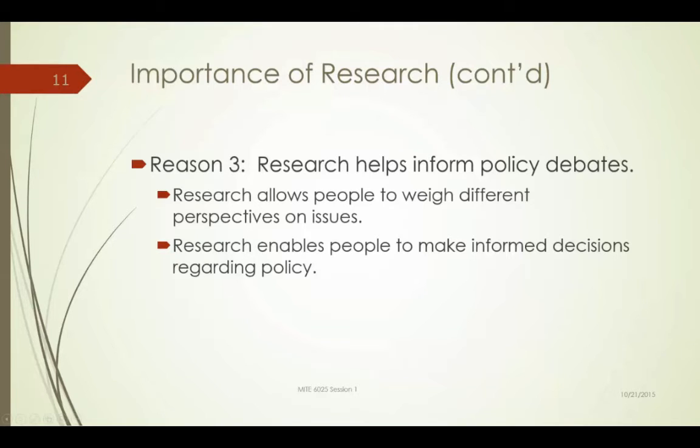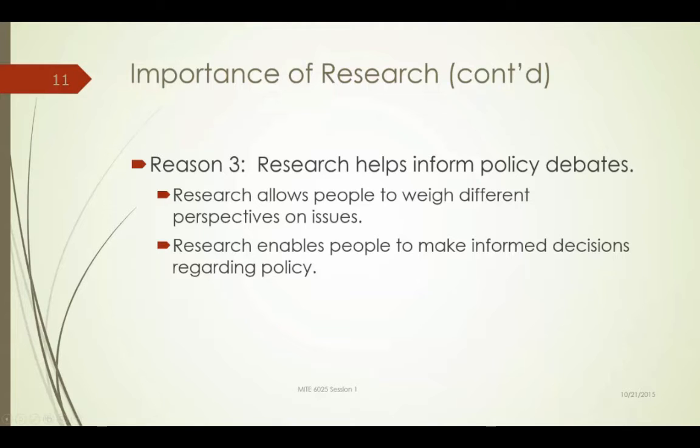For example, which strategy to implement in ICT education is something policymakers should think about. Research could provide different options for them to see which way is better, particularly in a particular context.